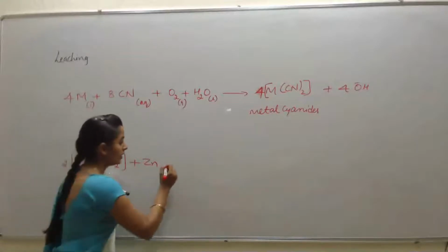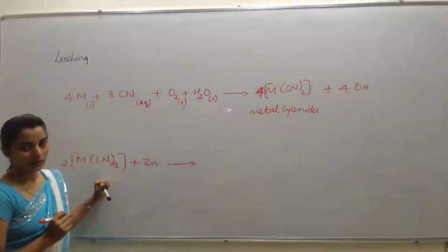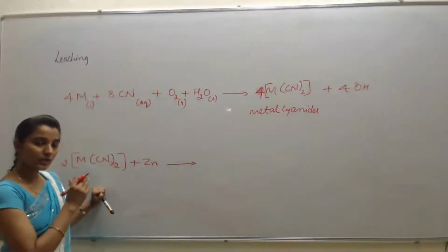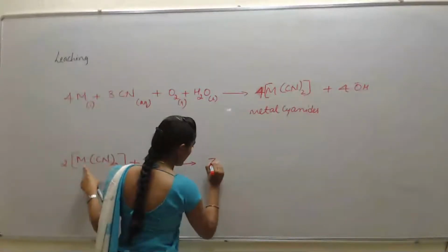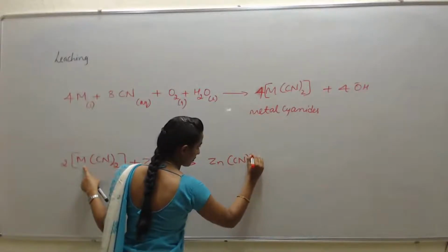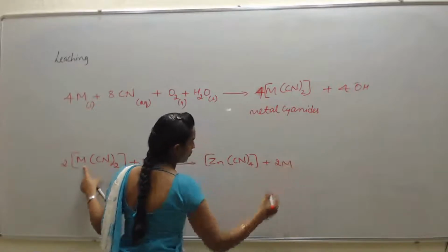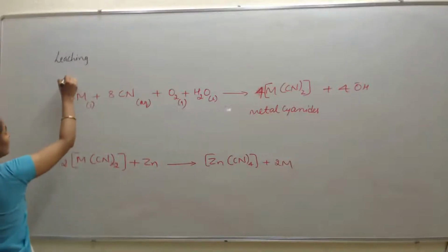I will explain that in a later class, because in applications of the Ellingham diagram you will study which metal is suitable to reduce other metal. So here what happens? It forms ZnCl4 plus 2M.